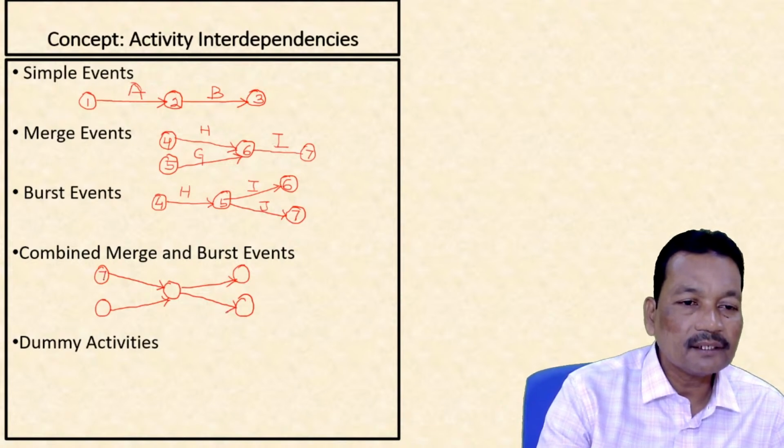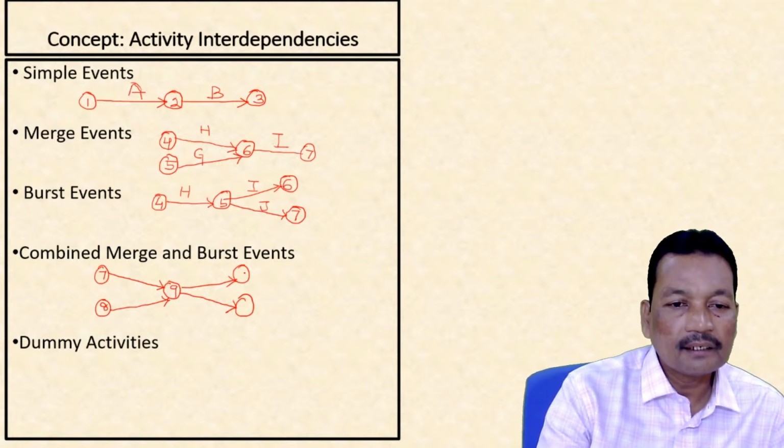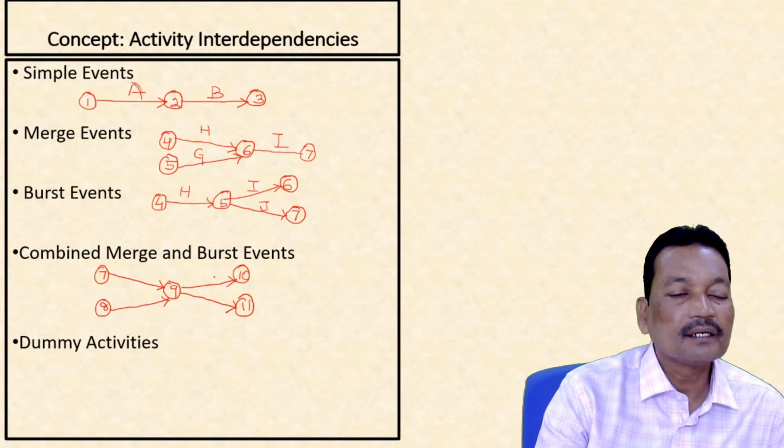Suppose this is 7, 8, 9, 10th event, 11th event.